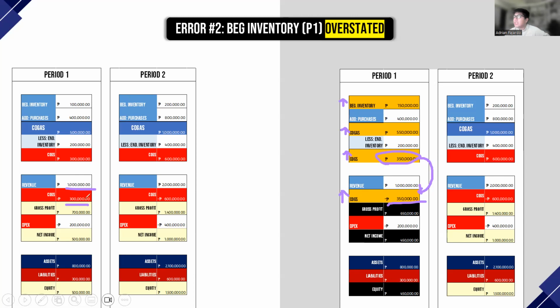Because of that, yung gross profit nito 700,000, pero ito 650. So understated si gross profit. So kahit pareho yung OPEX mo at 200,000, ang net income mo is now what? Dapat 500,000 yung correct. But because of the chain error, ang net income mo is 450,000. So understated yung net income mo, understated yung gross profit mo. And therefore, yung equity mo is understated rin.